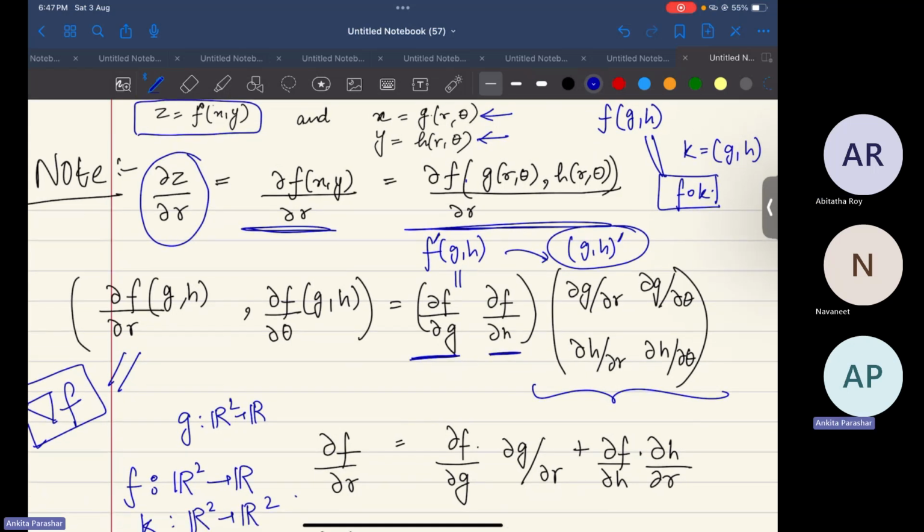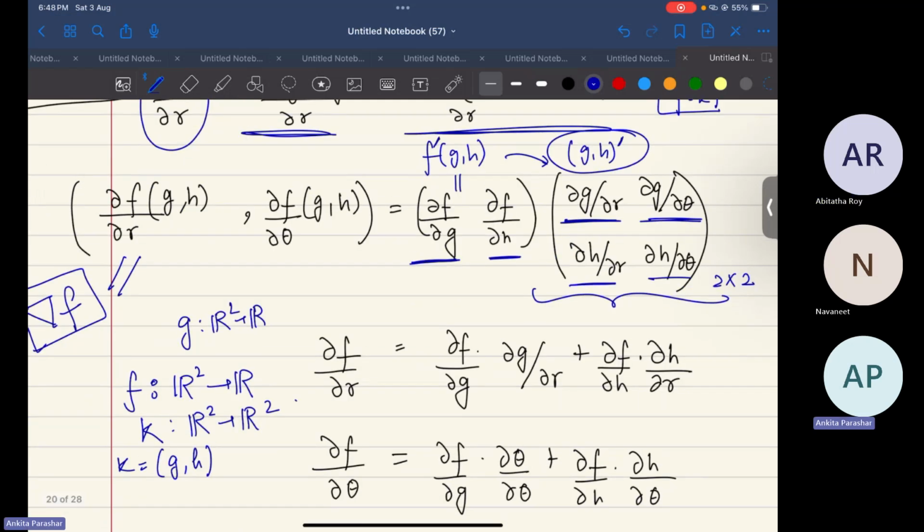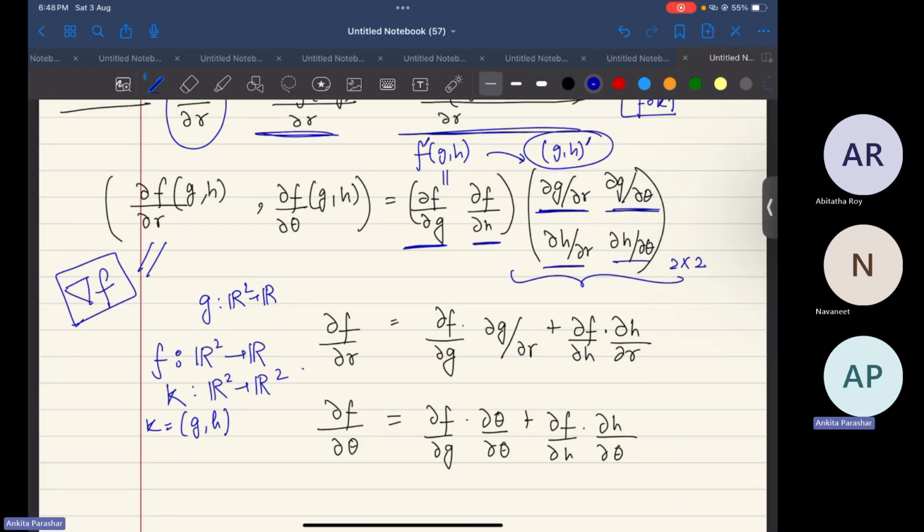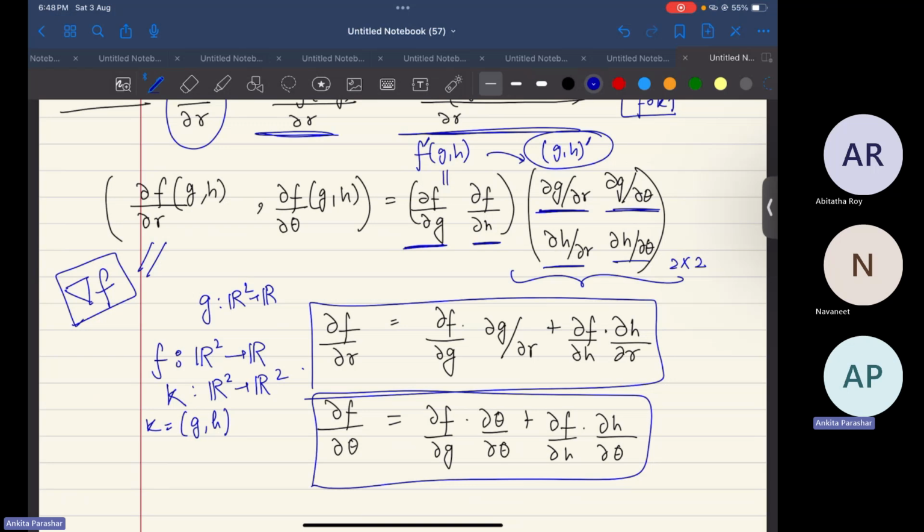The matrix takes g with respect to r, g with respect to theta, then h with respect to r and theta. Then take the matrix multiplication and equate both sides, and you will get how to compute del f by del r, del f by del theta.